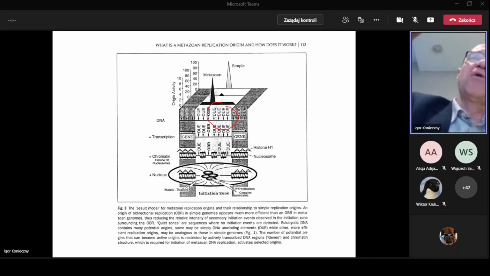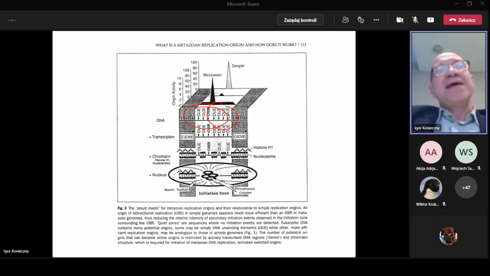Very many of those unwinding elements could be present, but not very many of them could be activated at the same moment. So this is about the regulation and the state of the DNA in metazoan cells.